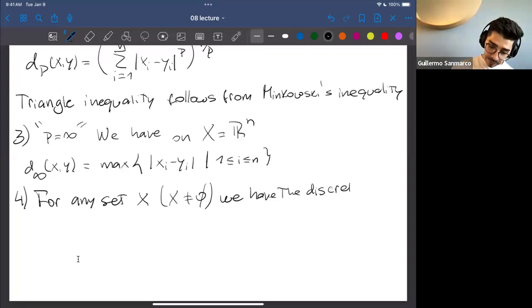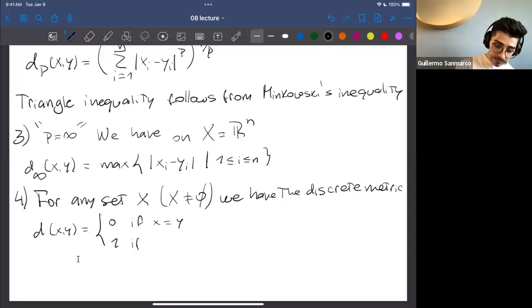So the discrete metric is given by the distance from x to y: if the points are the same, it should be 0. We know that. And otherwise, let's just say it's 1. So this distance just takes two values. It's not very good as a distance because you can just decide if two points are the same or not. But it's always a metric.